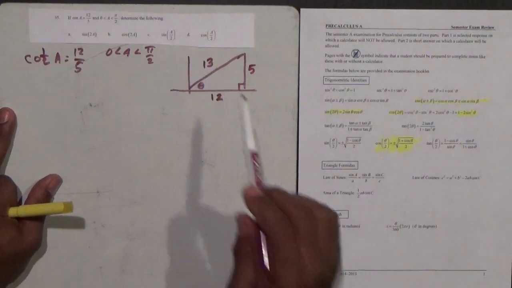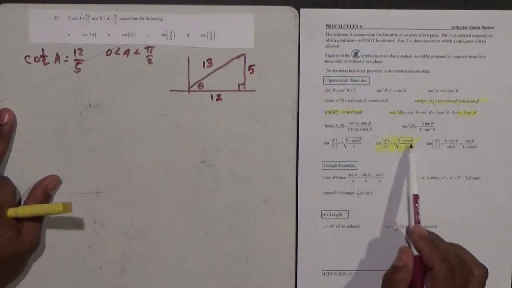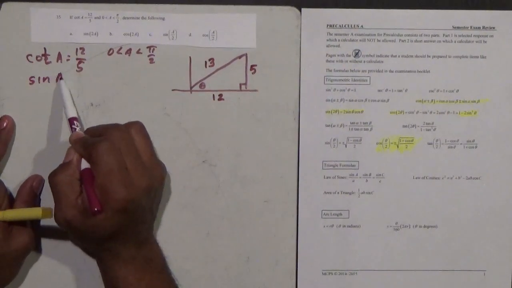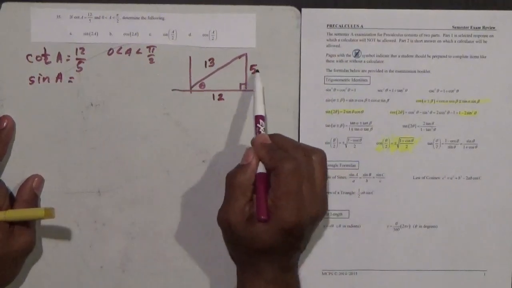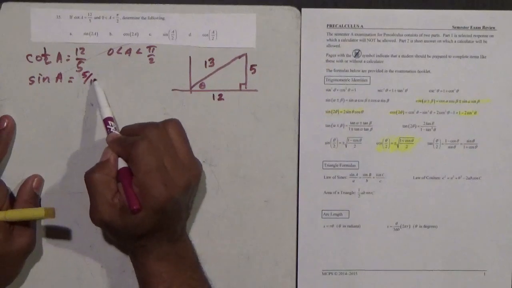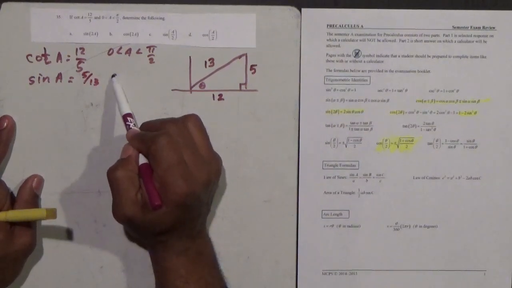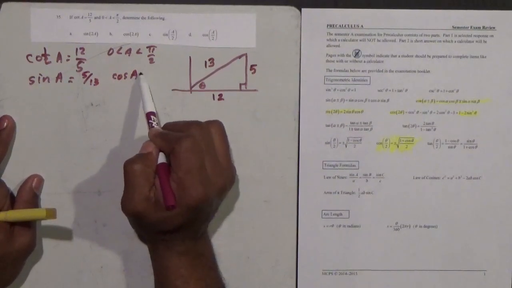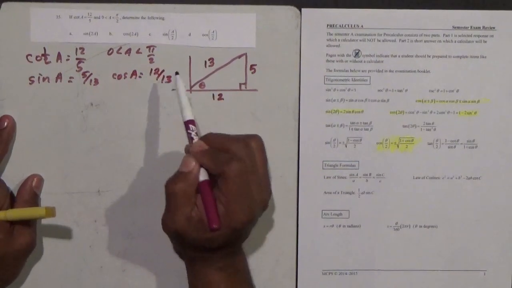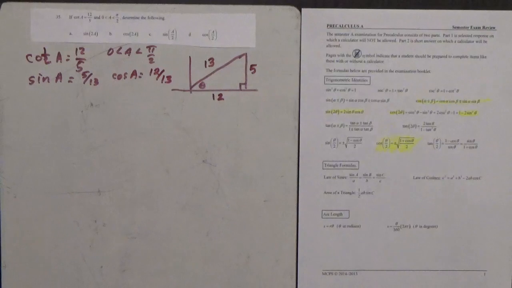And for cosine A over 2, I need cosine. So let me find sine A. Sine A is going to be 5 over 13, and cosine A is going to be 12 over 13. So I got to start with those. Then I can do the problems.